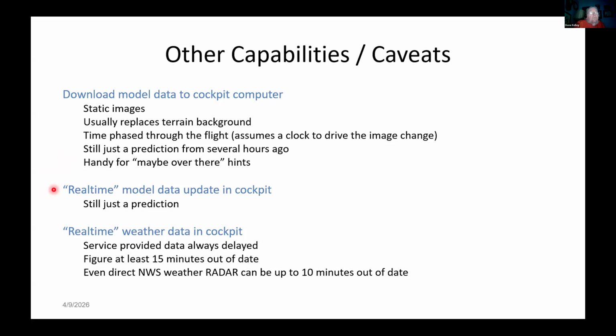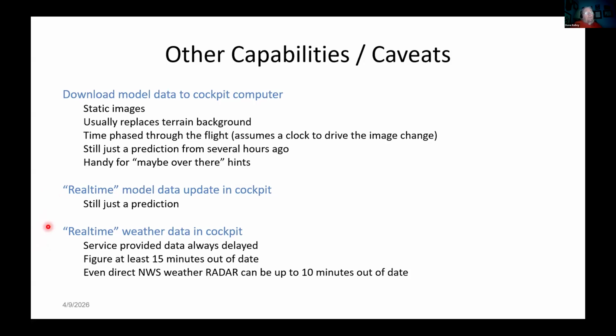For instance, the Navigator software will allow you to bring in the convergence and the wave and the wind, I think the wind, as model updates in case there has been an update in the model run since you took off. You have to remember, though, that this is still just a prediction. The other thing is that you can get other weather information.